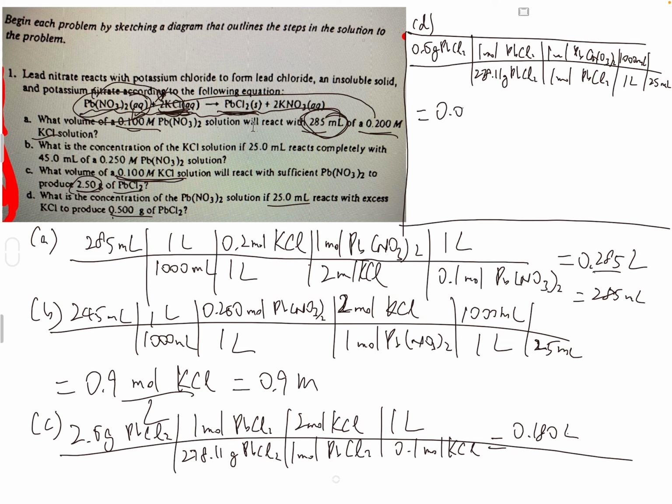So it's 0.072 mole of Pb(NO3)2 per liter, so the answer is 0.072 M. And again, let's check the sig figs. We have 3, so it looks good.